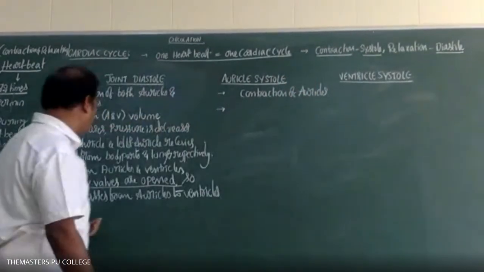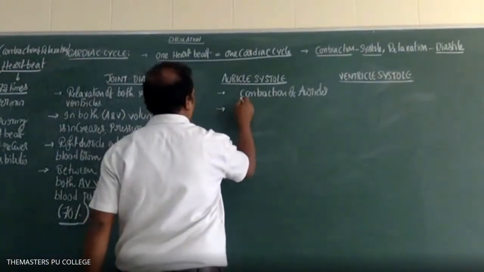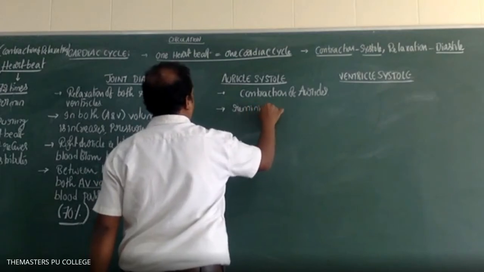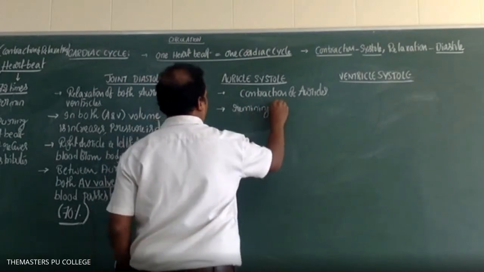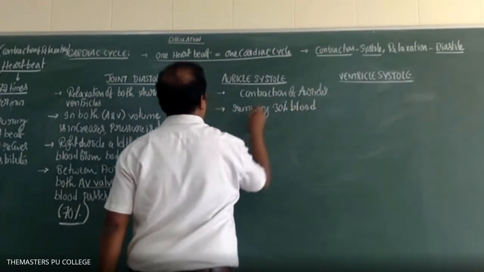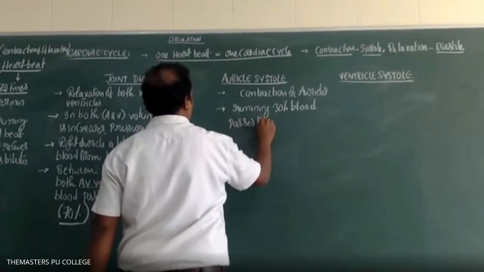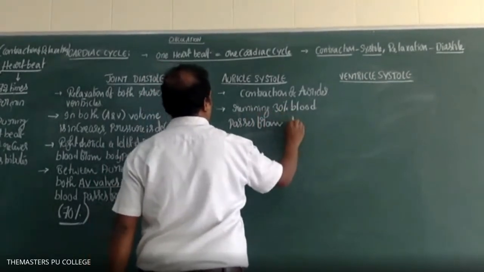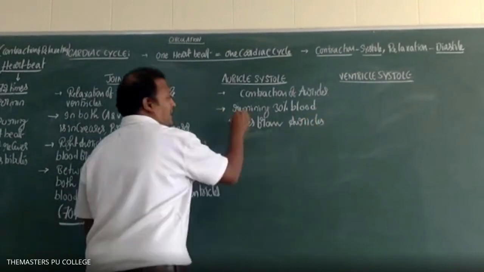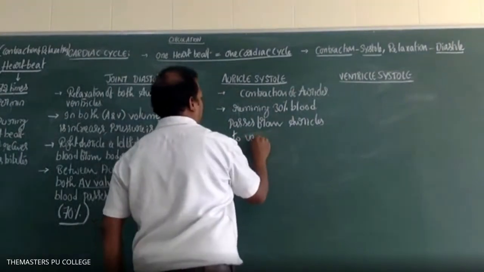Then the remaining how much percent, students? 30% of the blood. So the remaining 30% blood passes from where to where? Auricles to ventricles.